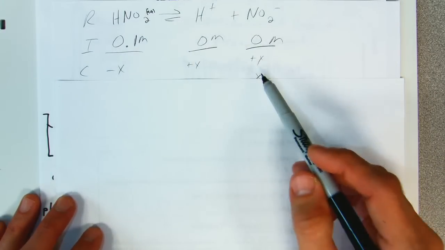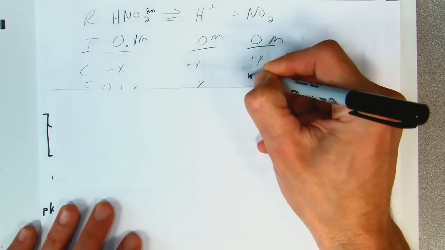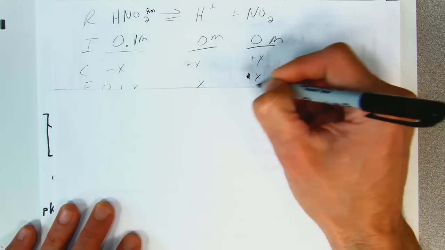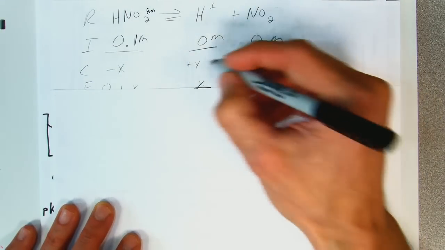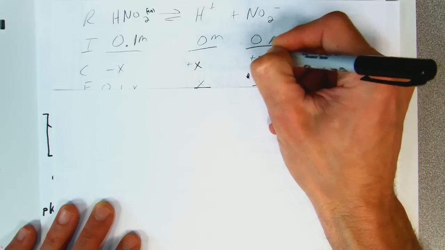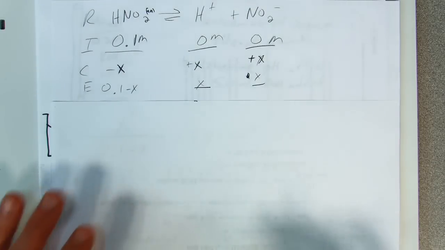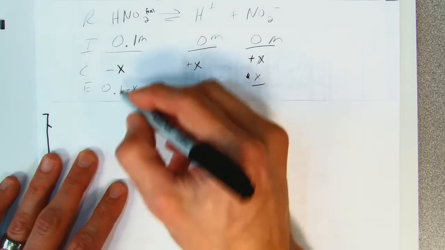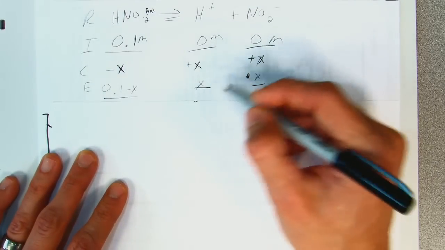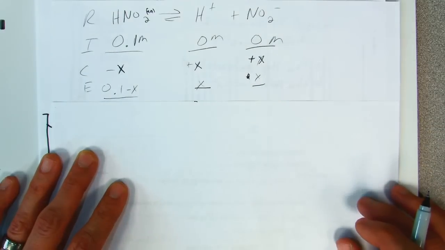I'm going to make X and make X, using up X quantity of this stuff. And then at equilibrium, I'll have 0.1 minus X, X, and X.